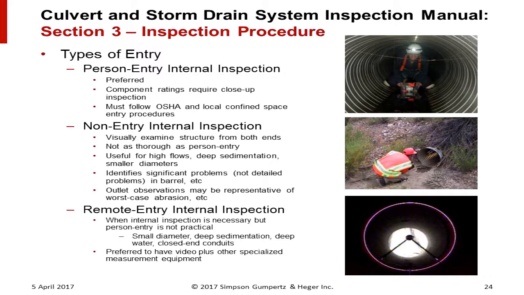There's some discussion on how to do that and what's included, and the limitations of that type of inspection. Another type that's used primarily with storm drains is the remote inspection. This is typically robotics, instrumented with, at a minimum, video capabilities and oftentimes other types of NDT instrumentation.